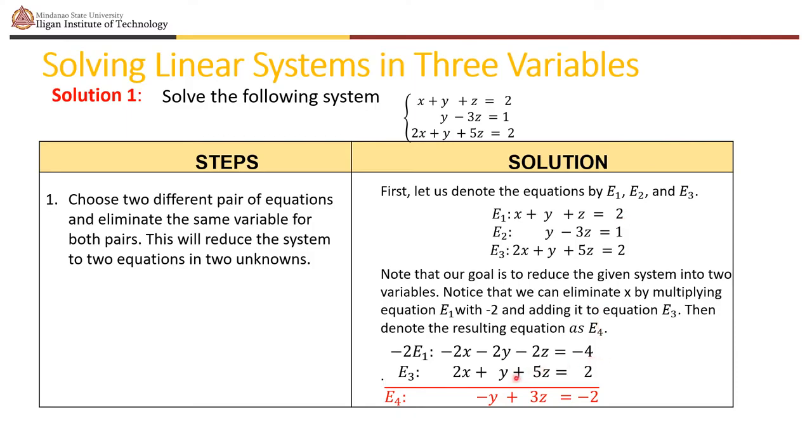And then adding it to equation e sub 3, which is 2x plus y plus 5z equals 0. When we add negative 2x with 2x, that's 0. Negative 2y with y is negative y. Negative 2z plus 5z is plus 3z. And negative 4 plus 0 is negative 4. So our new equation, e sub 4, is negative y plus 3z equals negative 4.